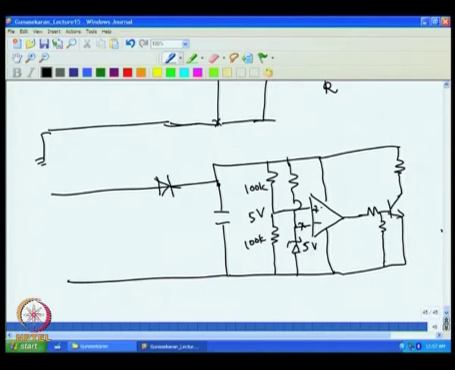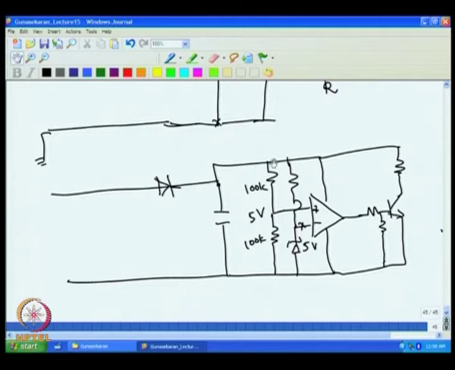So if this voltage is at 5 and if this is less than 5, then output will decrease here, because this is 5 and this is lower than 5. So output will decrease, that will make low current here, and that will increase this voltage.